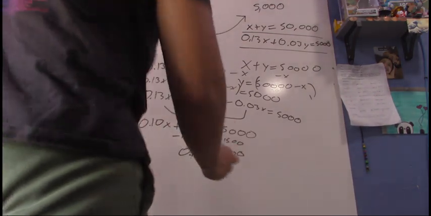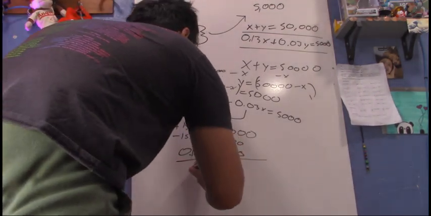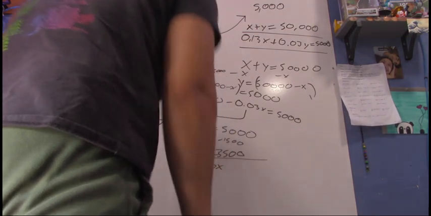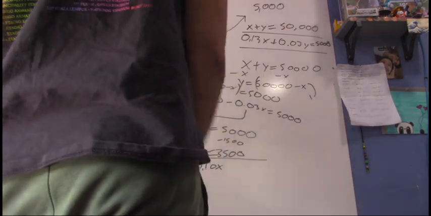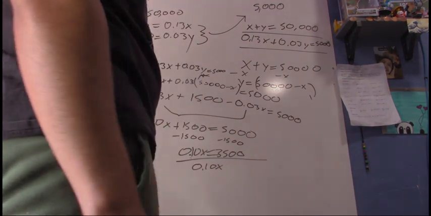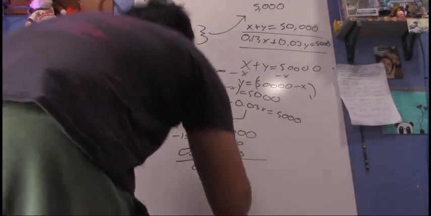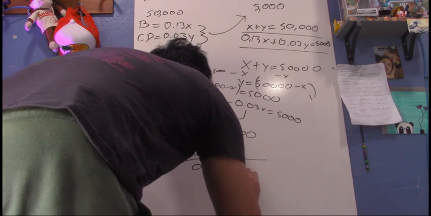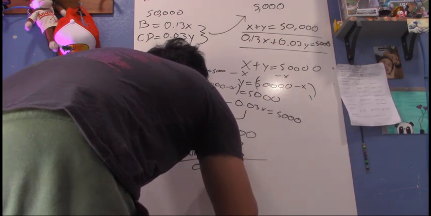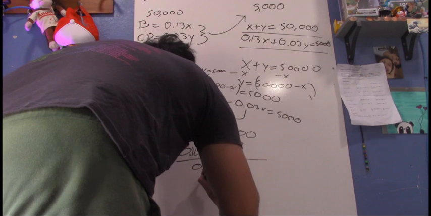Now we divide both sides by 0.10. 3,500 divided by 0.1 is 35,000. 35,000 becomes our value for x by getting x by itself.